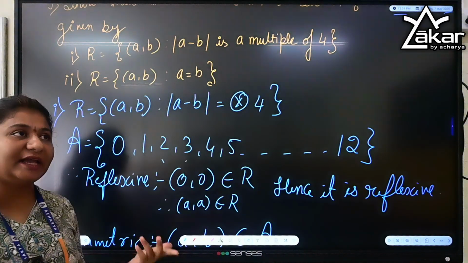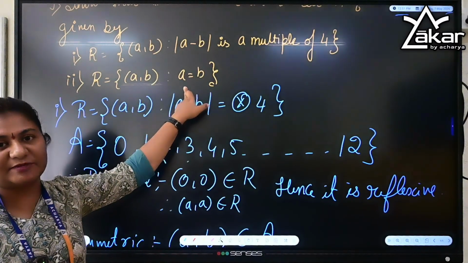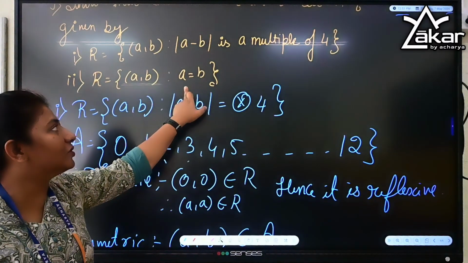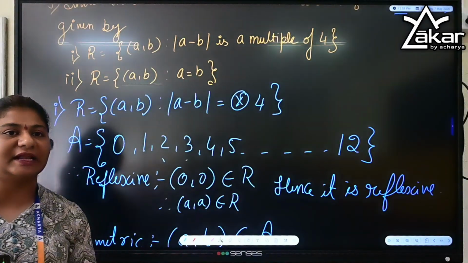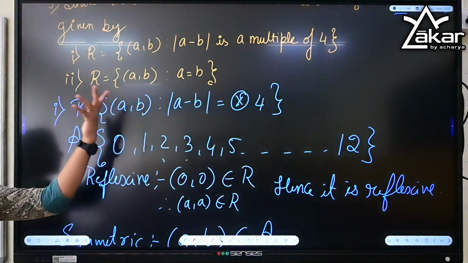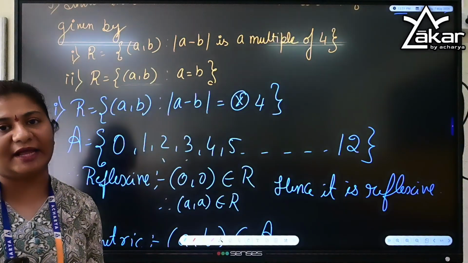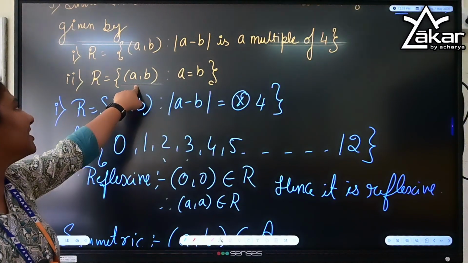All the elements of A are possible. Therefore, reflexive is possible. If I put a equal to 1 and b equal to some other element and deduct those two elements, symmetric is also possible. For all the elements, the given set of 1 will be your set of elements. So prove it for question number 2.